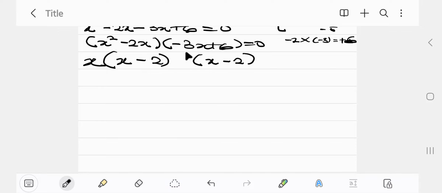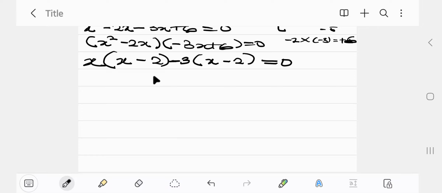Now, what do you multiply by x to give you minus 3x? I think we have minus 3 here. Minus 3 multiplied by x gives minus 3x, and minus 3 multiplied by minus 2 gives plus 6. So we equate the result to 0.